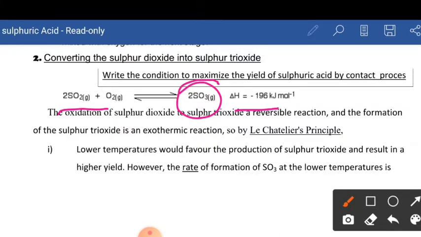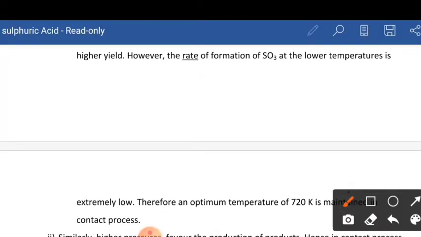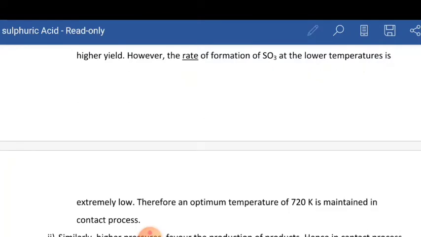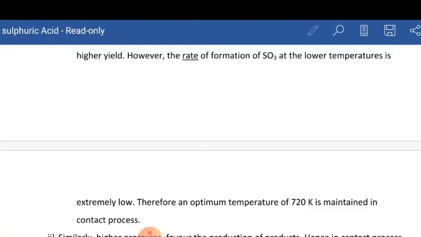For an exothermic process, there is no need of high temperature, but the problem is at low temperature, the rate of formation of sulfur trioxide is very low. Therefore, in the contact process, an optimum temperature of 720 Kelvin is applied and maintained throughout the process. So, what is the first condition to get maximum yield?